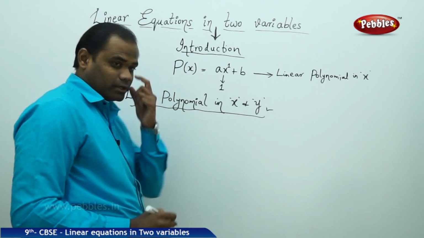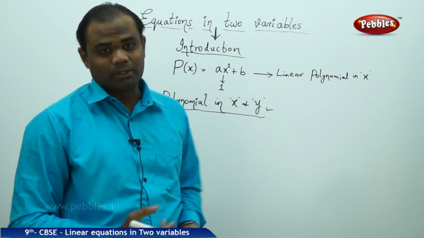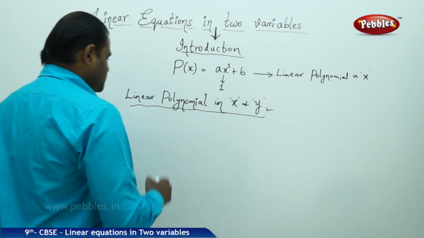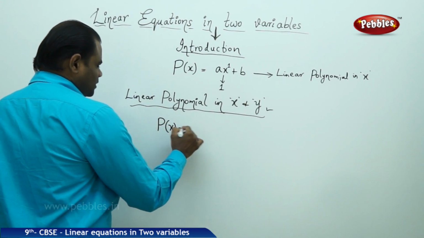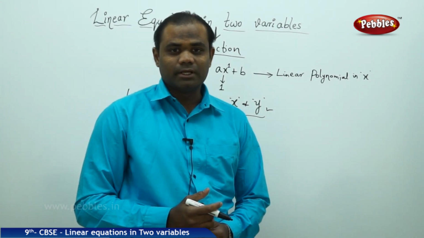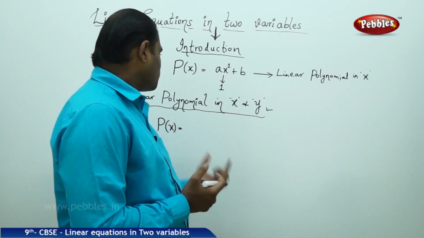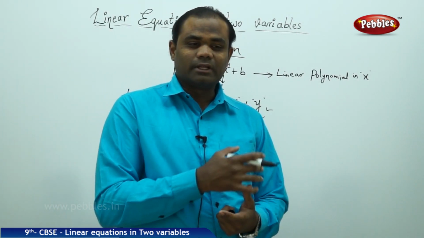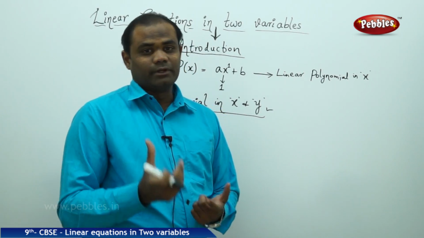Let's reconsider the definition, which says that a polynomial is linear if its highest power is 1. Therefore, when I introduce the two variables x and y into the polynomial, I need to have both the variables with degree 1.